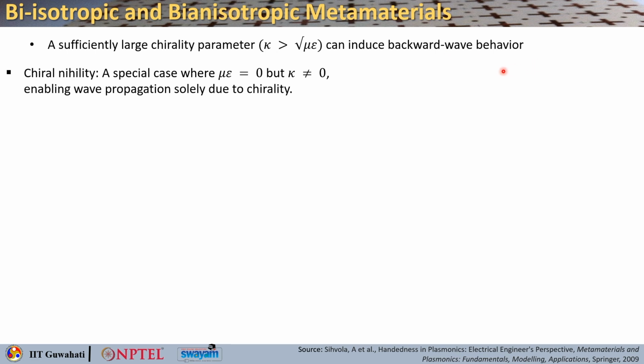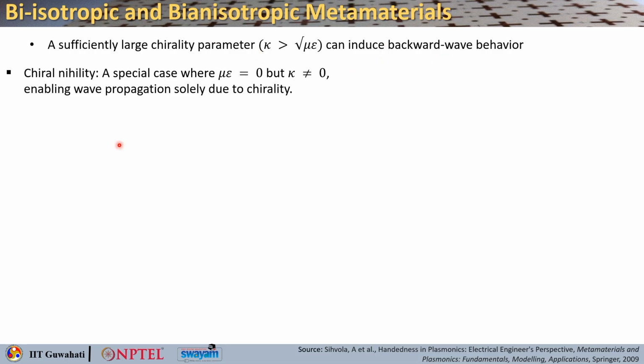So, this is something very new, and you can see that if you have very small absolute values of permittivity and permeability, that can give you some interesting possibilities in connection with chirality, where you can also see backward waves, right.